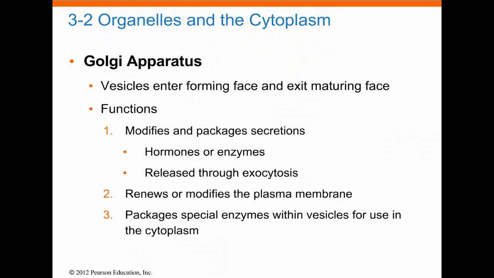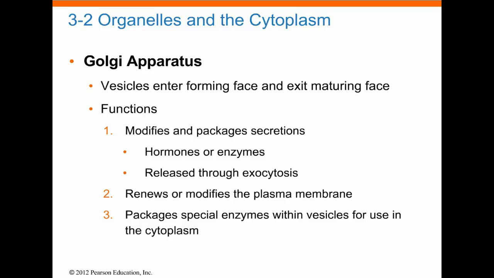The Golgi apparatus is involved in modifying secretions, hormones or enzymes, and it releases them out of the cell by a process known as exocytosis. Exo meaning outside of the cell. It also is involved in renewing and modifying the plasma membrane.